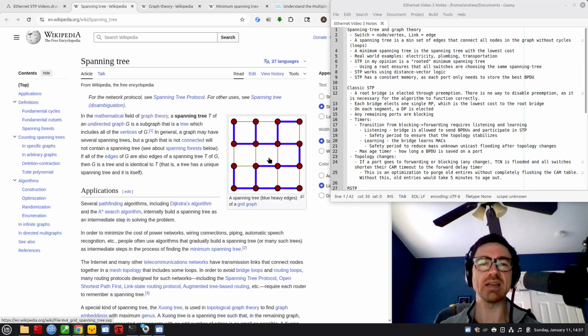And they've selected a spanning tree here consisting of the blue edges. So you can see that this tree produced by selecting these blue edges touches every single vertex in the graph, and it doesn't form any loops, any cycles. Like if we connect this one here, if we make it blue, that would form a cycle. So that would be incorrect. That would no longer be a spanning tree.